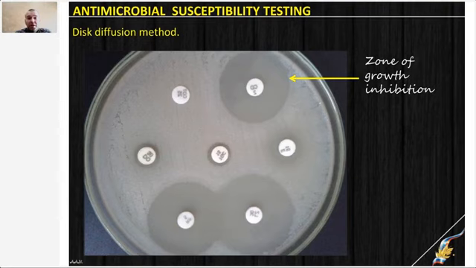You need to take a petri dish, inoculate it with your studied bacteria, and add discs containing different antibiotics on one petri dish. Incubate, and as a result, of course, on the empty agar bacteria will grow, and the antibiotic from the disc will diffuse in the agar.